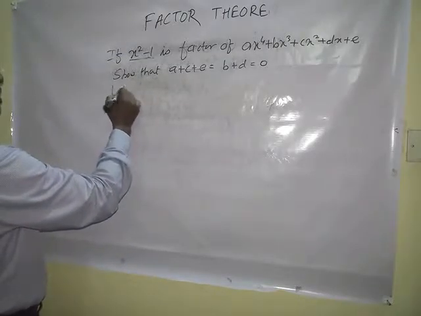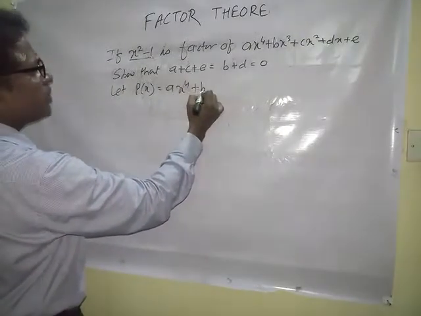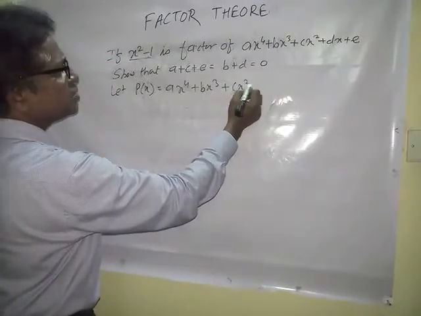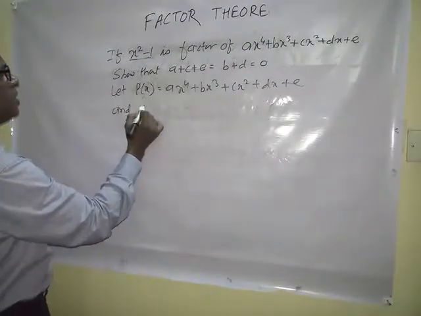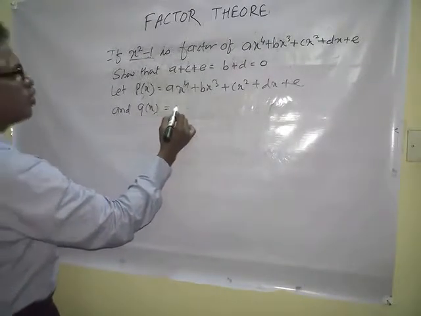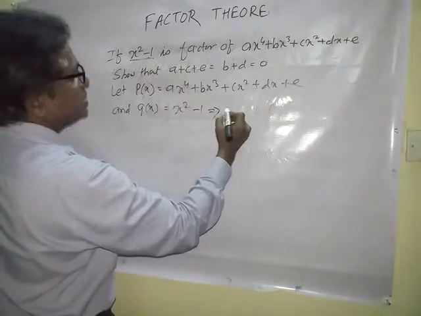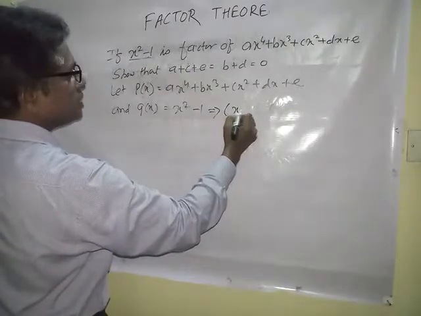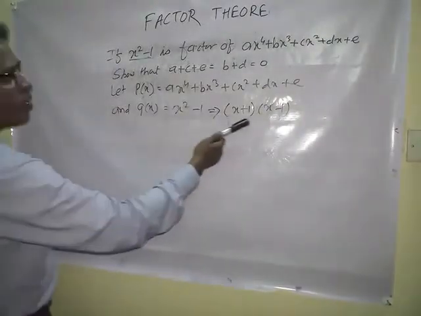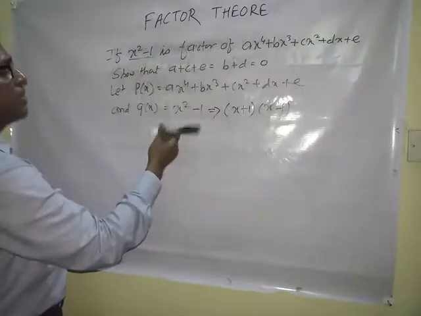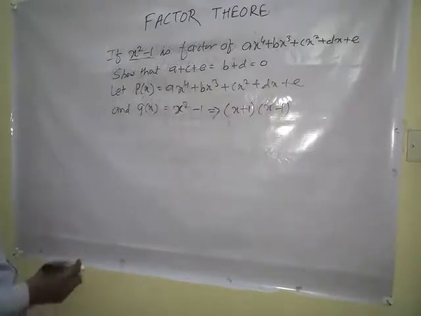So again you will write down, let p(x) is equal to ax raised to power 4 plus bx cube plus cx square plus dx plus e, and q(x) is equal to x square minus 1. So that is equal to x plus 1 times x minus 1. This kind of small formula you have to remember in mathematics, so you will save time, and the more you practice this kind of thing, the more you will remember.